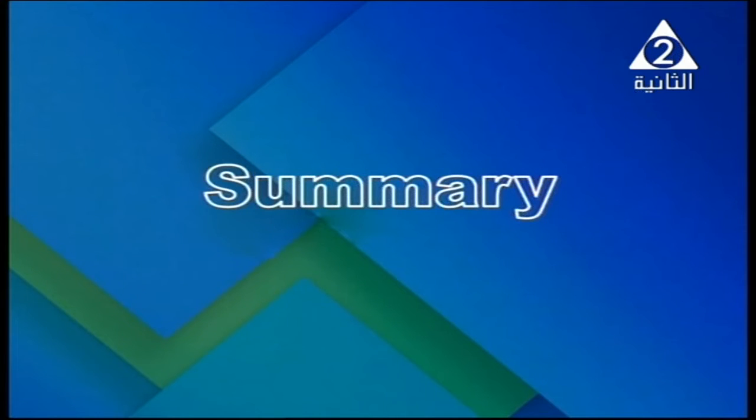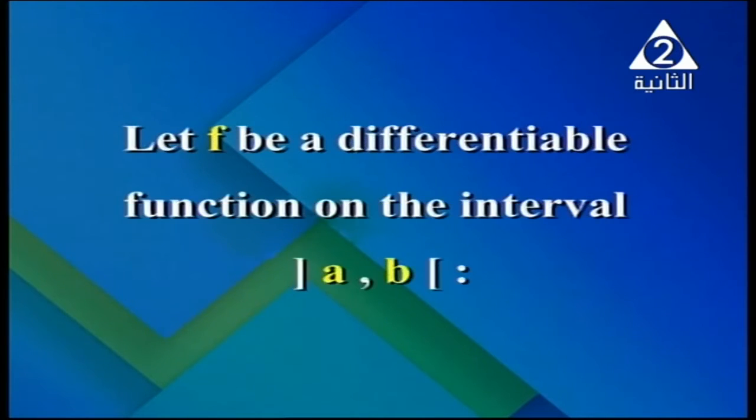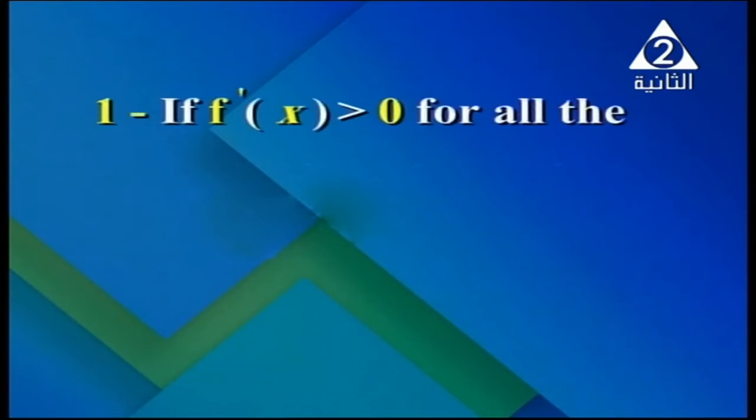Look at, my dear student, this summary, very important. First derivative test for the monotony of the function: increase or decrease? First theorem: let f be a differentiable function on an open interval.